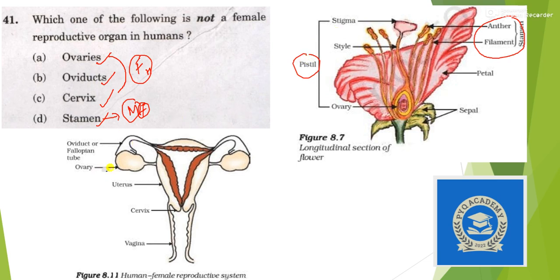And here in the case of humans, these are a pair of ovaries, then uterus, cervix, vagina, oviduct or fallopian tube. So this is part of the female reproductive organ. So here the answer should be option D, stamen.